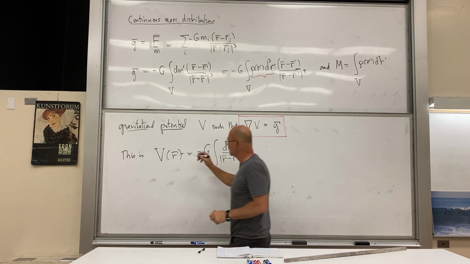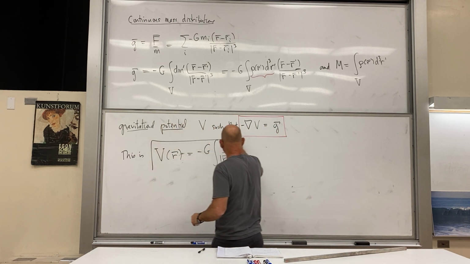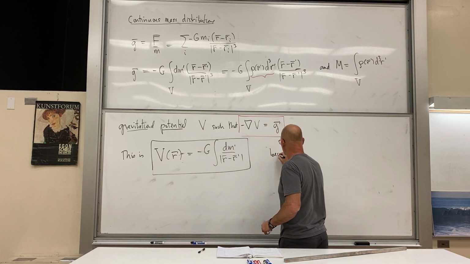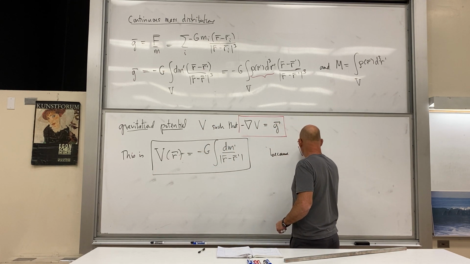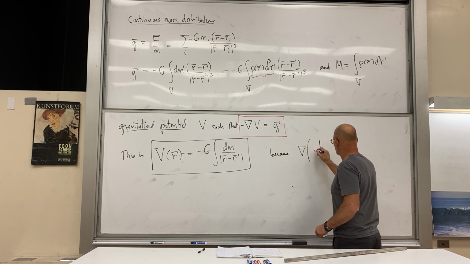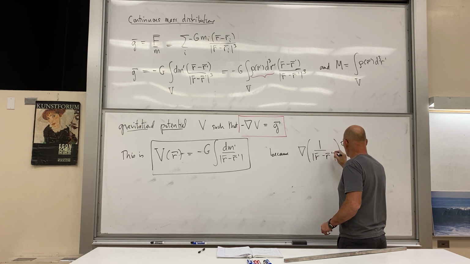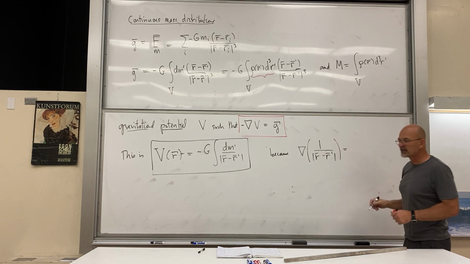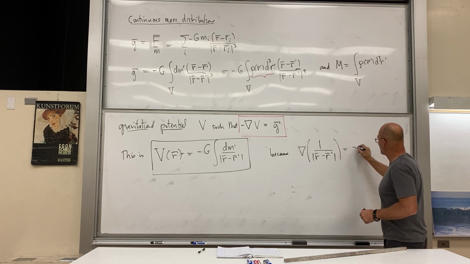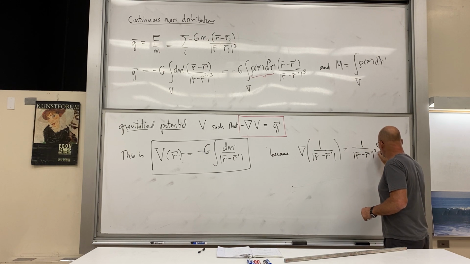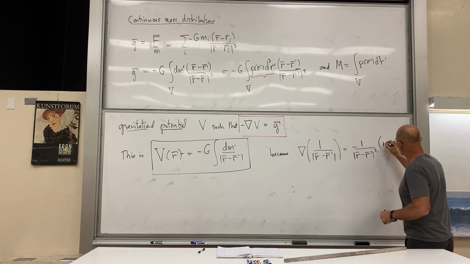So make sure you understand this rule, because the gradient of 1 over the magnitude of r minus r prime, pretty sure we've done this a few times, is equal to minus 1 over r minus r prime squared times the unit vector.